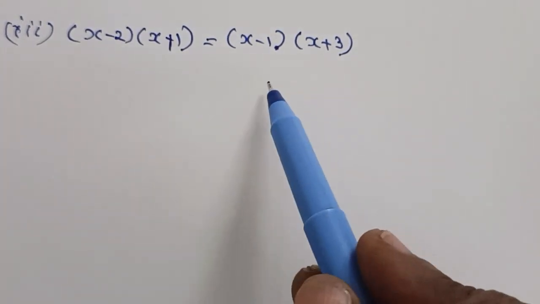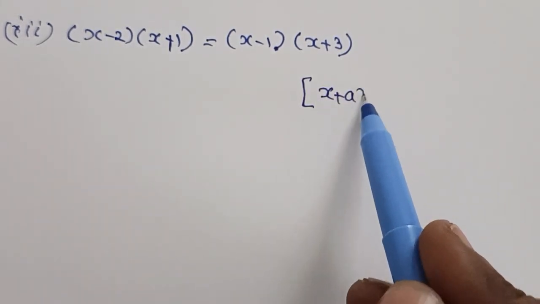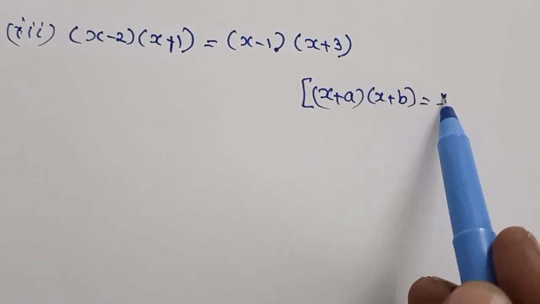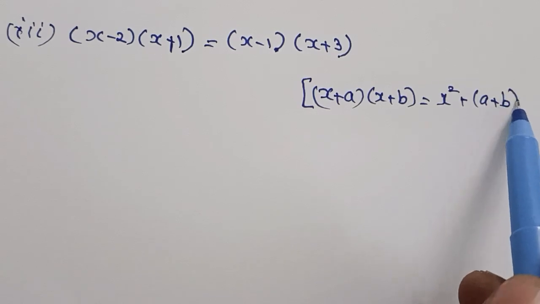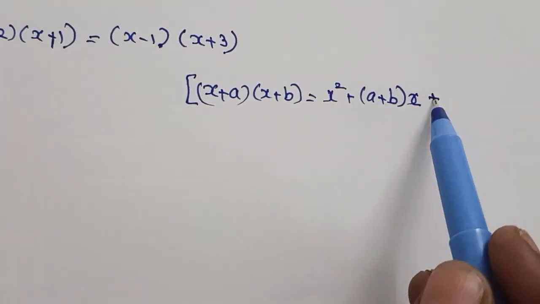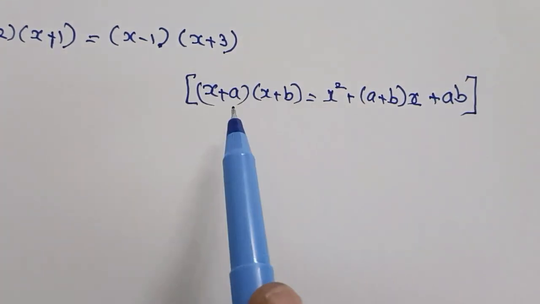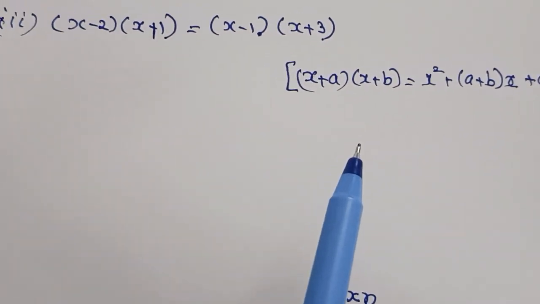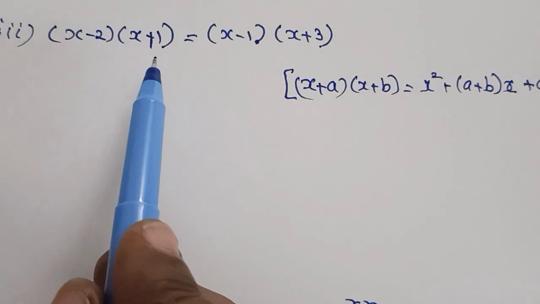Now, here we have to use the identity (x + a)(x + b) = x² + (a + b)x + ab. Okay, (x + a)(x + b) = x² + (a + b)x + ab. Now using that identity, we have to expand (x − 2)(x + 1).